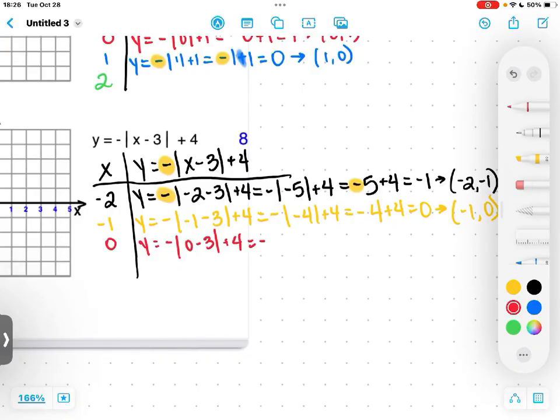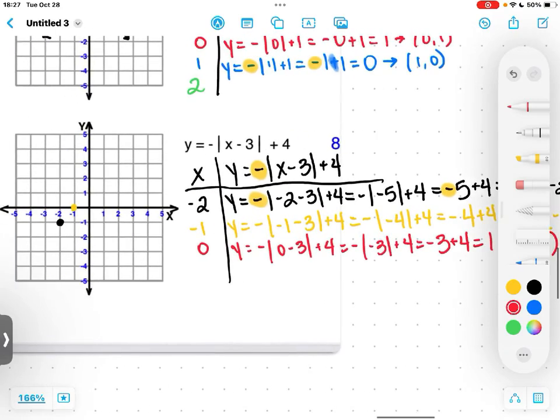It's going to be a negative absolute value of negative 3, which is a positive 1, making this 0, comma, 1. And you kind of get used to seeing a pattern eventually.